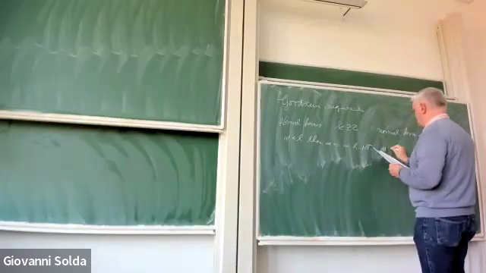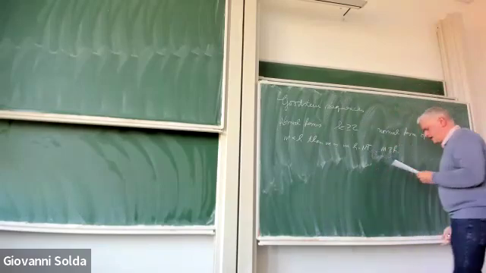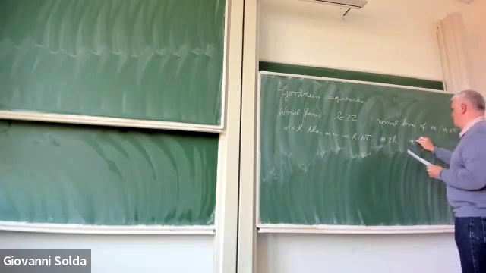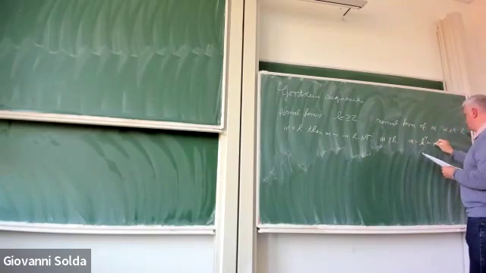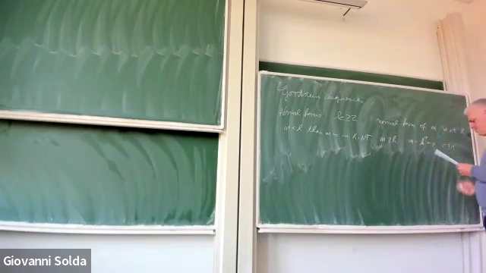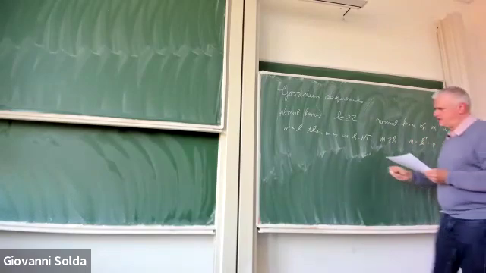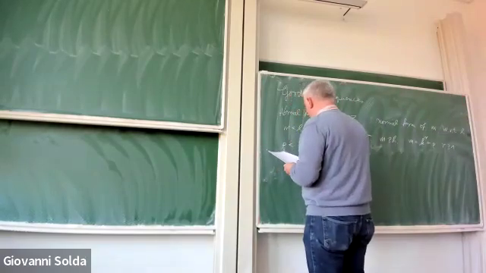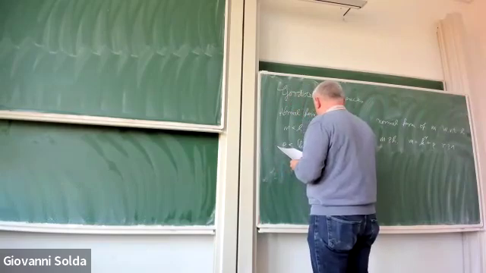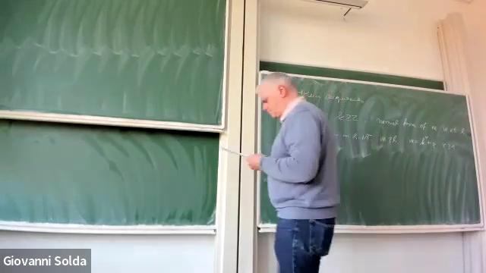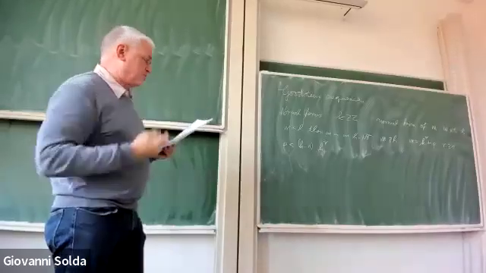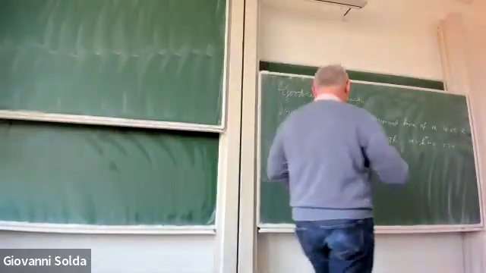Otherwise, we write m as k to the r plus p, where p is smaller than k to the r. Okay, normal forms can be seen as terms.